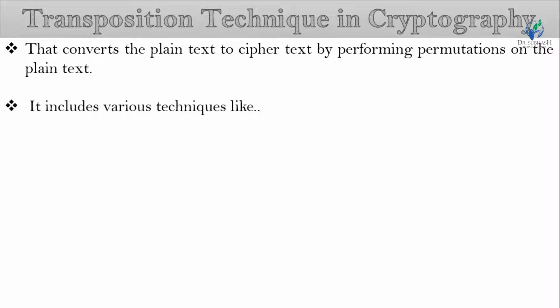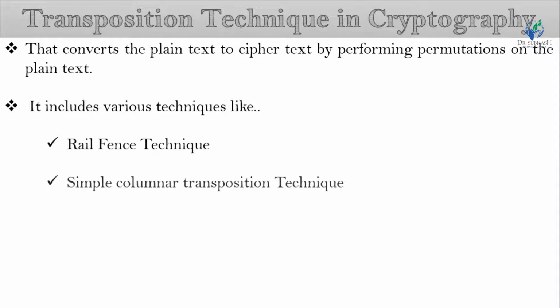It includes various techniques like rail fence technique, simple columnar transposition technique, simple columnar transposition technique with multiple rounds, Vernam cipher, and book cipher to encrypt the plain text in a secure way. So, in this session, I have discussed rail fence technique and simple columnar transposition technique.